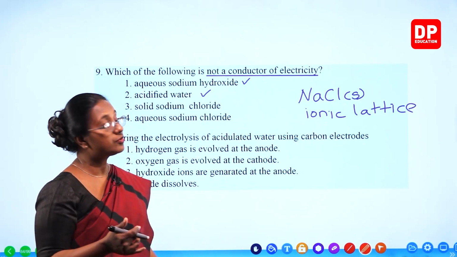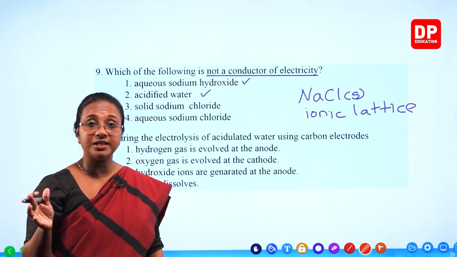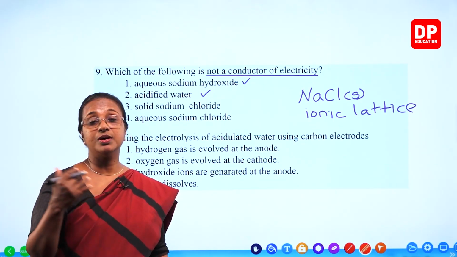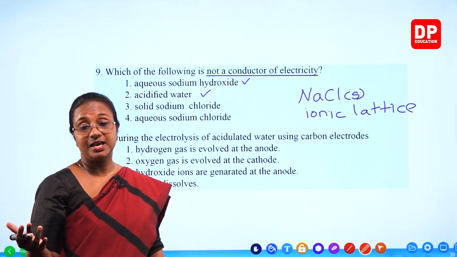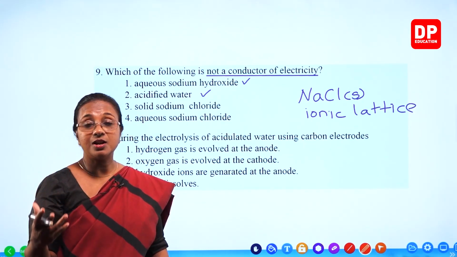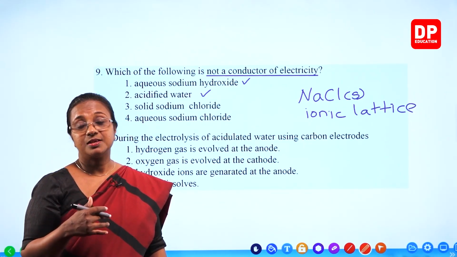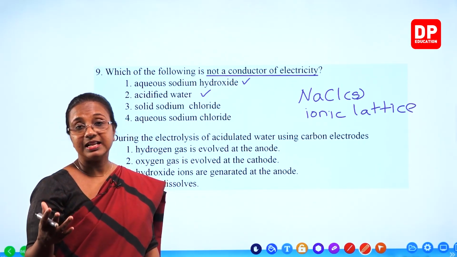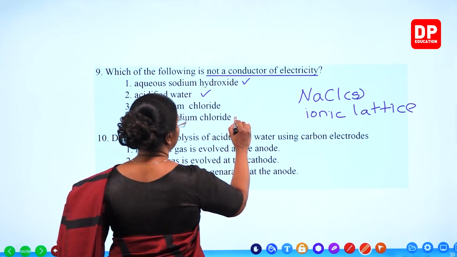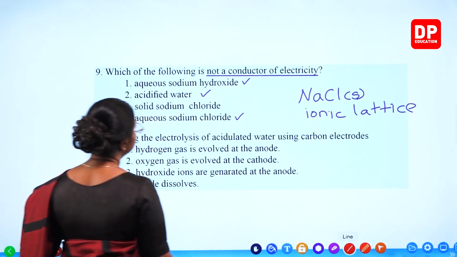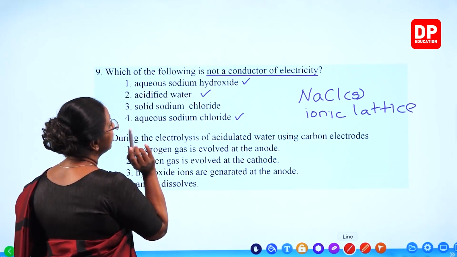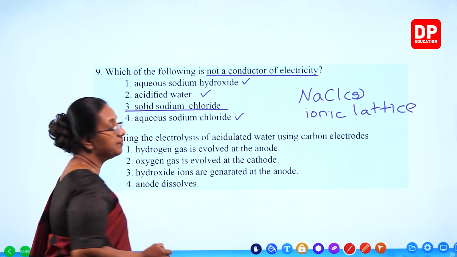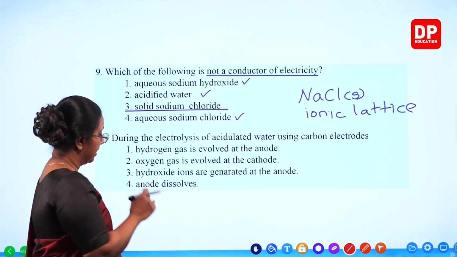When you dissolve solid sodium chloride in water, they dissociate completely, forming Na+ aqueous and Cl- aqueous. And there are a lot of mobile ions. Because of that, aqueous sodium chloride can conduct electricity well. So that means the answer to this question, which of the following is not a conductor of electricity? Solid sodium chloride.